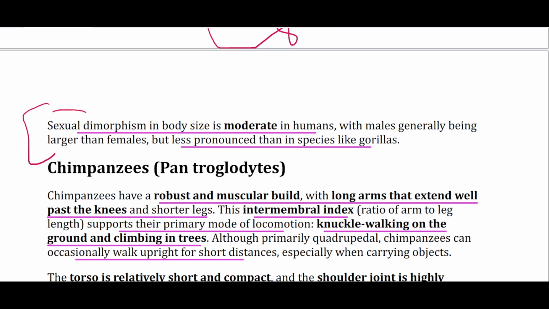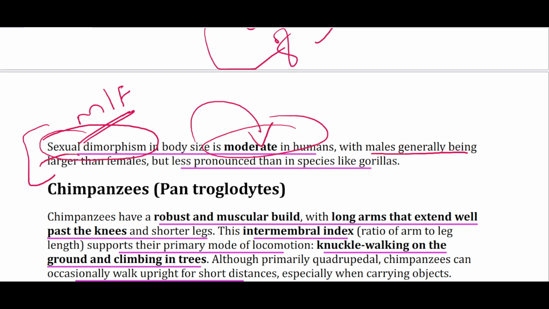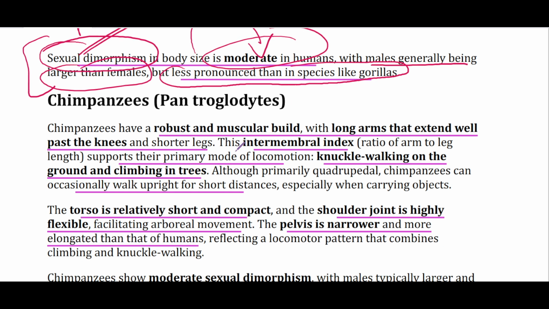Sexual dimorphism means differences in size and secondary sexual characteristics between males and females. So this sexual dimorphism in body size is moderate in humans, with males generally being larger than females, but it is less pronounced than other species like gorillas.